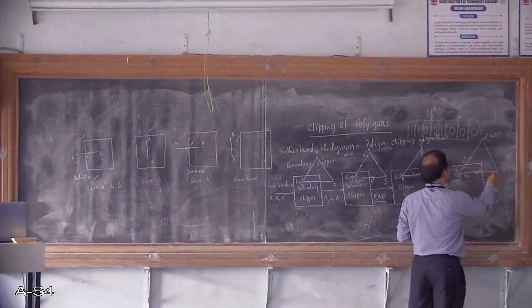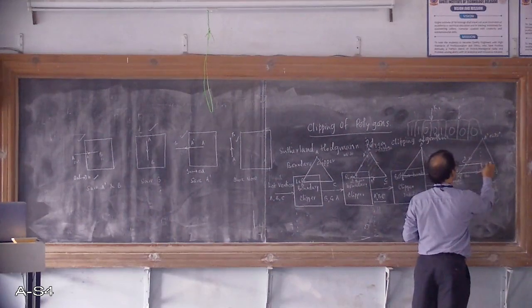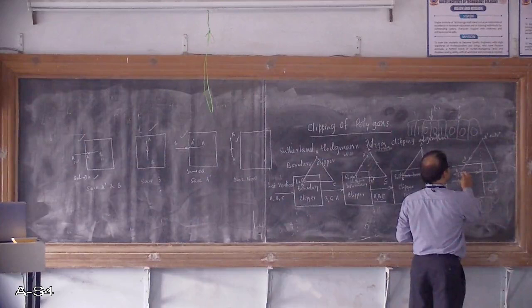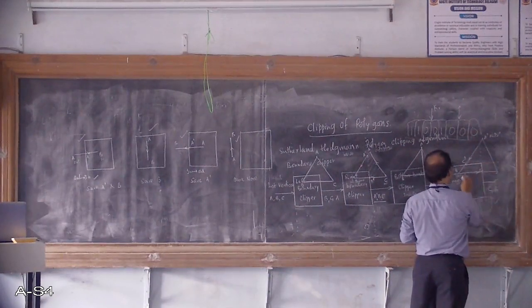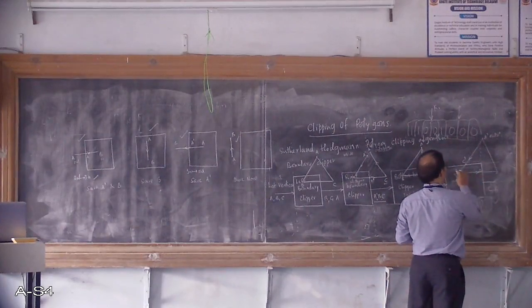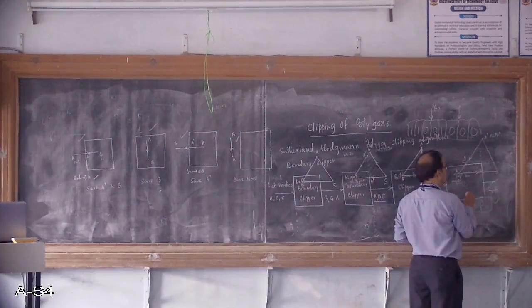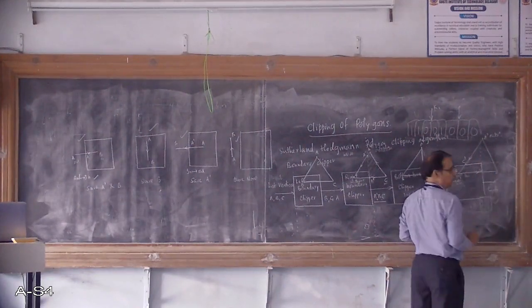So for B to C we can see that once again the edge is not intersecting with the boundary. This is the top boundary, and both B and C are inside the clipping window, and therefore it is not intersecting with the top boundary.